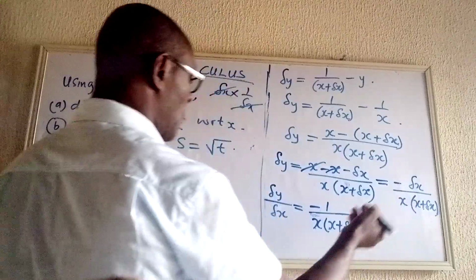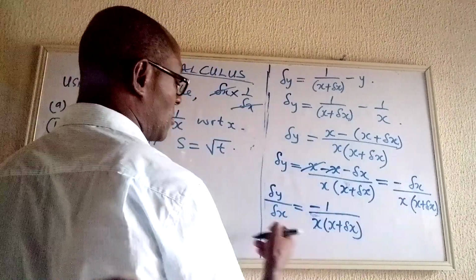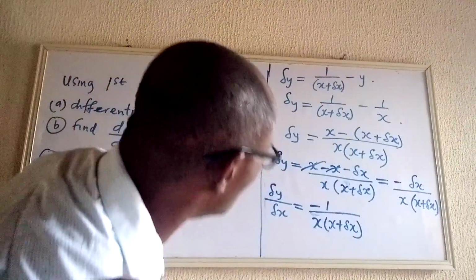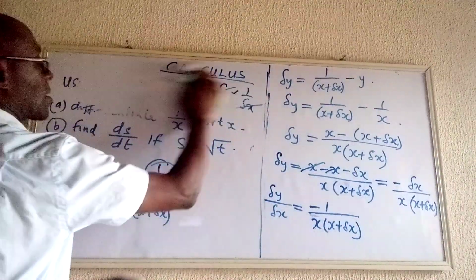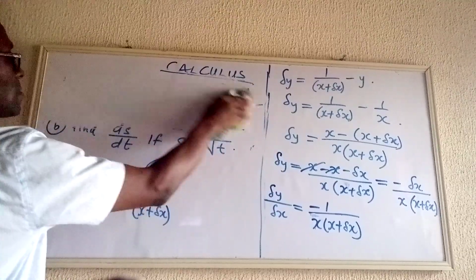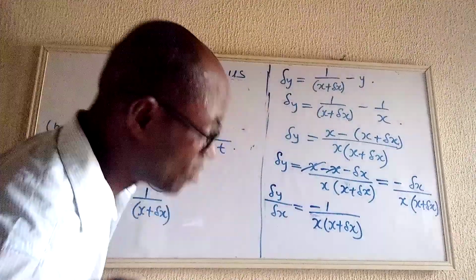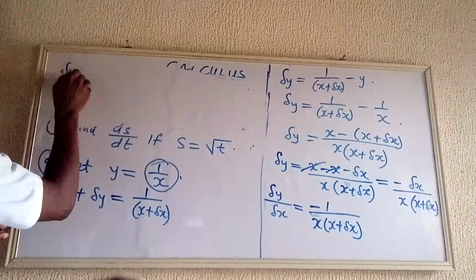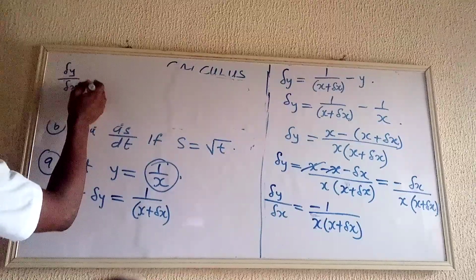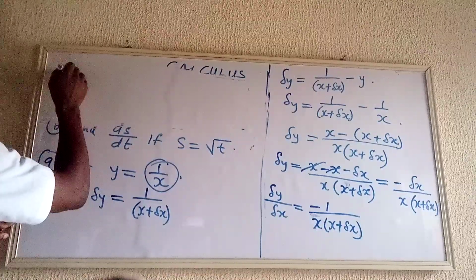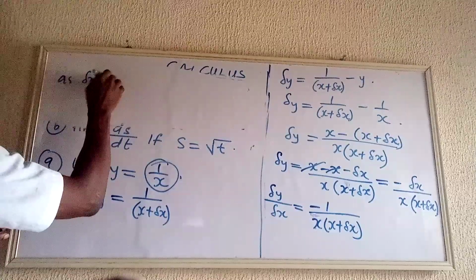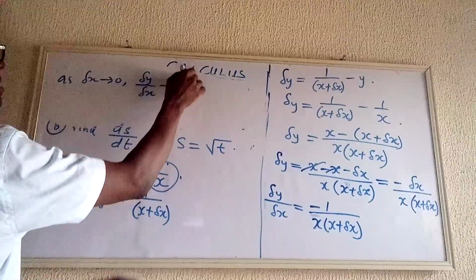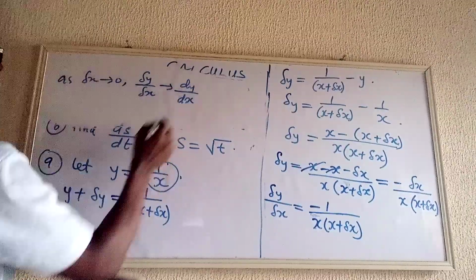Now, do not forget that as delta x approaches 0, delta y over delta x becomes dy/dx. So what do we have? We now have delta y over delta x, as delta x approaches 0, delta y over delta x approaches dy/dx.